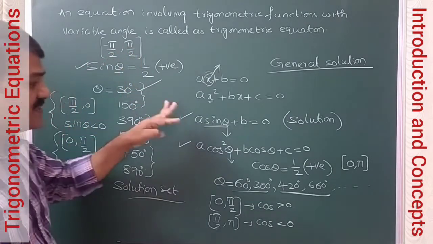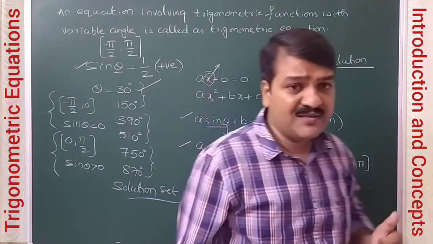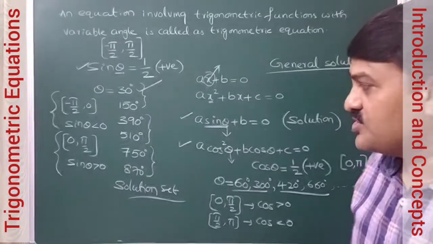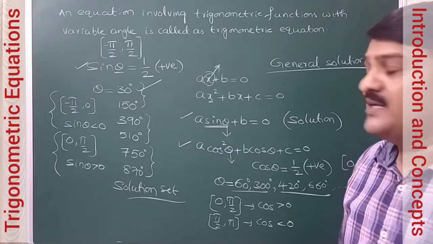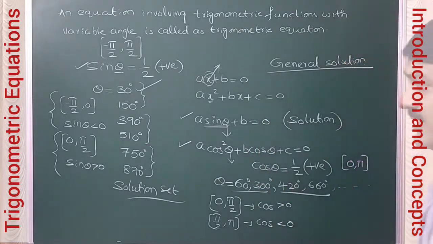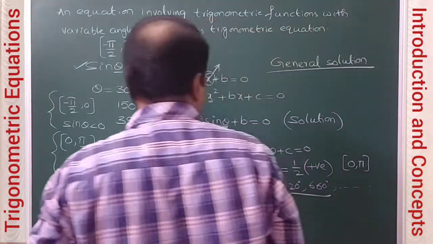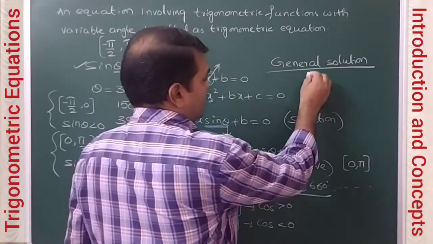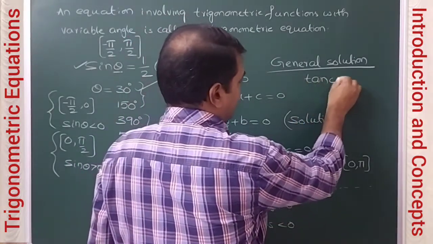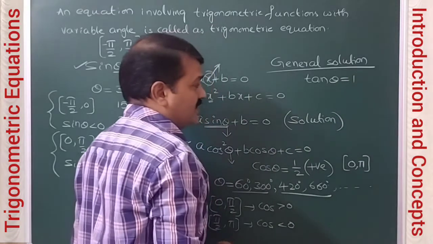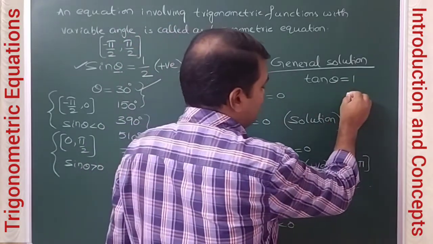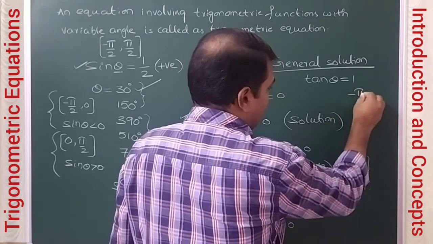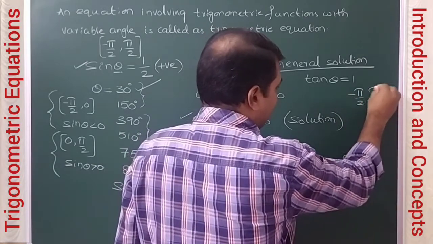So for different functions, different intervals we will be taking, such that the principal solution will be unique. Means the function values must not repeat in that particular interval. So for example, if you take the tan function, like I take tan theta is equal to 1, for this tan theta is equal to 1, principal solution means an angle lying in this interval.